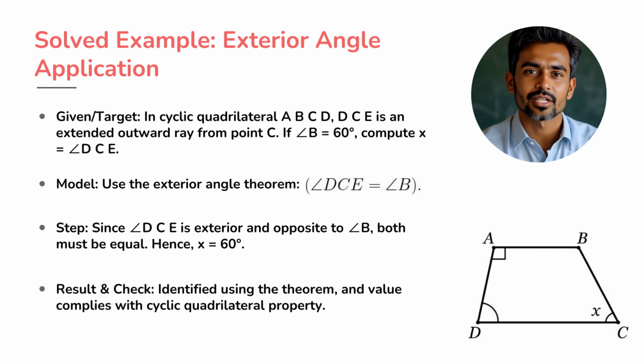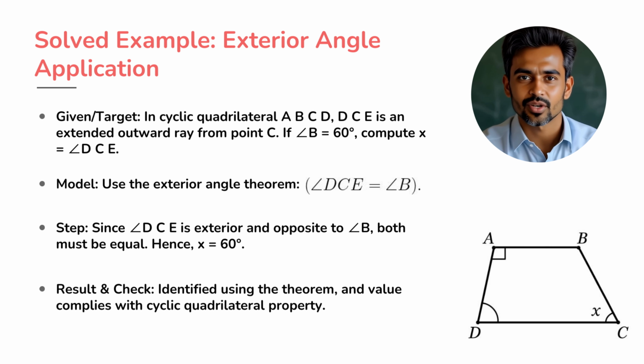Let's try one more example using the exterior angle property. In cyclic quadrilateral ABCD, imagine the side extended from vertex C to point E, forming an exterior angle DCE, which we call X. If angle B, the opposite interior angle, is 60 degrees, find the value of X. From the exterior angle theorem, we know that the exterior angle DCE is equal to the opposite interior angle B. So that means X equals 60 degrees.